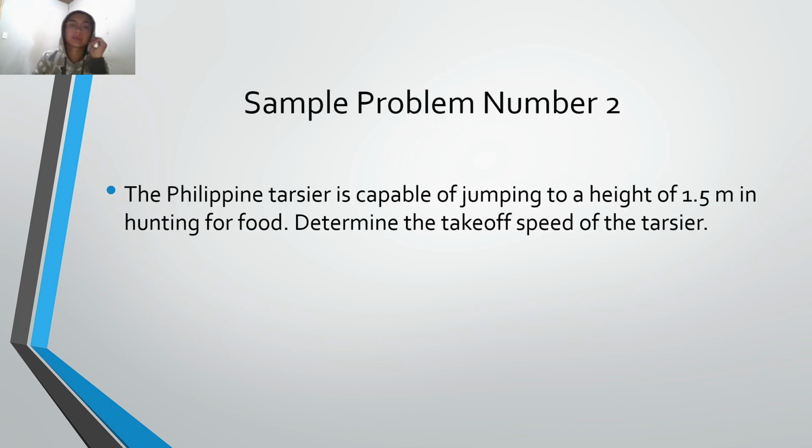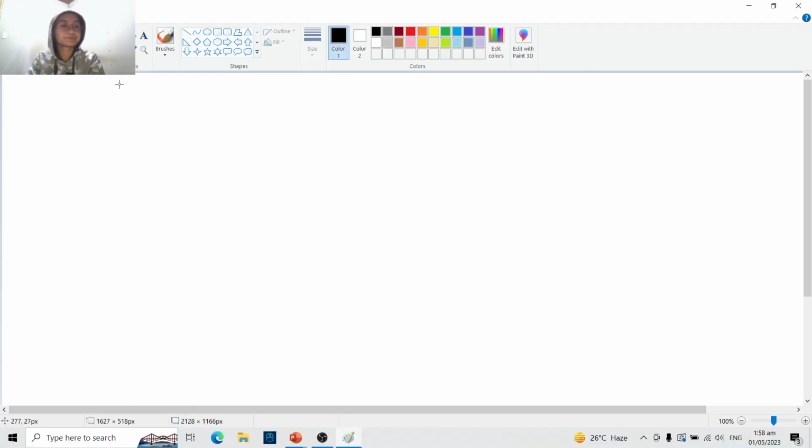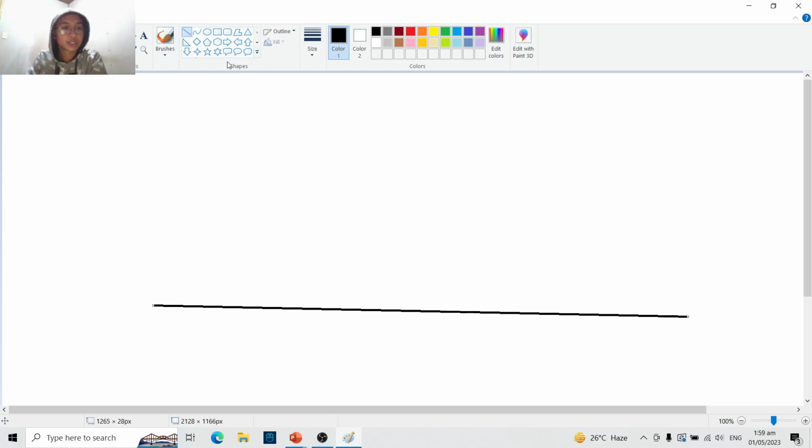Sample problem number 2. The Philippine tarsier is capable of jumping to a height of 1.5 meter in hunting for food. Determine the take-off speed of the tarsier. So the tarsier is on the ground and jumps to a height of 1.5 meter.